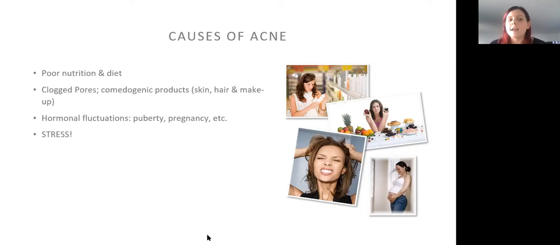There are medical conditions that commonly cause high androgen states as well, such as polycystic ovary syndrome, any androgen secreting tumors, and pregnancy. That will also fluctuate those levels and consequently can produce more oily sebum.